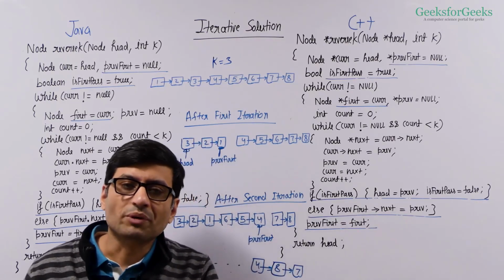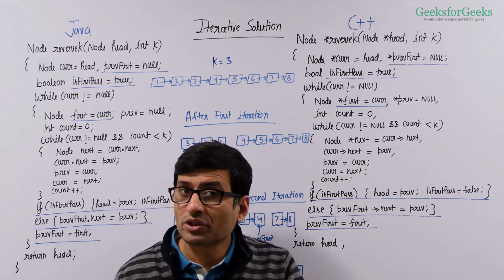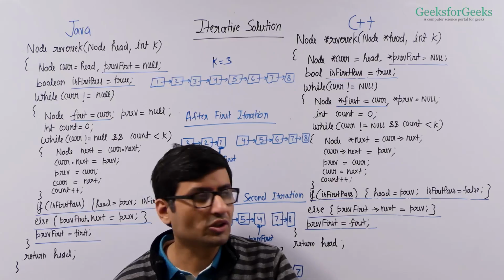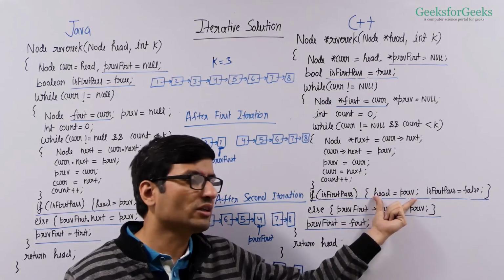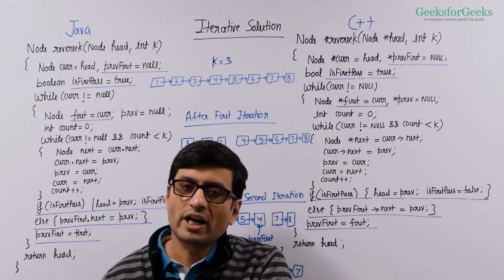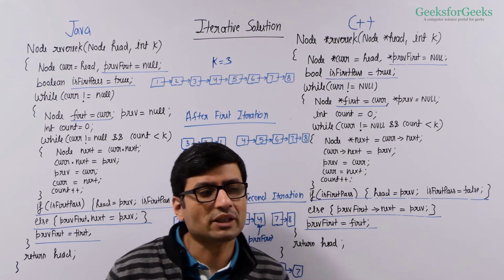So whatever was the previous first, the current head is going to be next of it. For the first pass, we don't want to do it because there is no previous pass before it. For the first pass, we want to set the head. For the upcoming passes, we want to connect head of the current pass with the first of the previous pass.